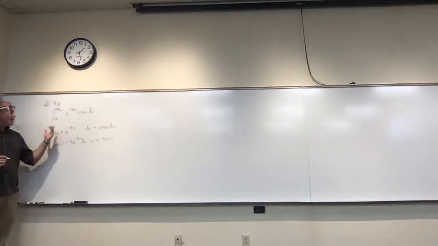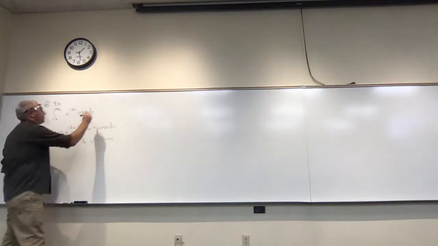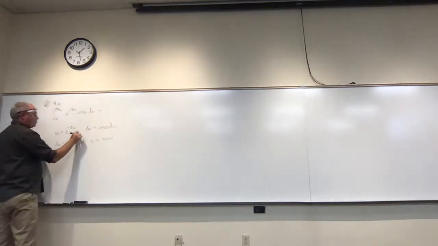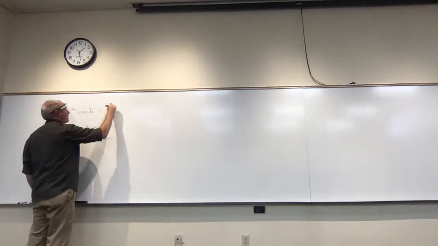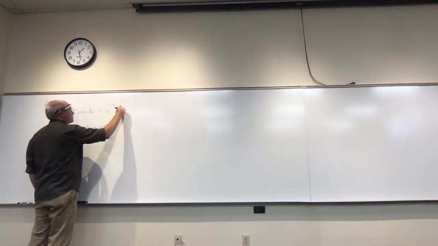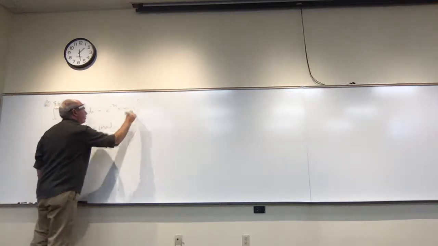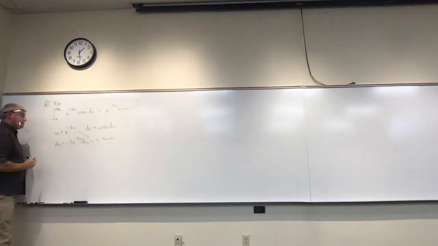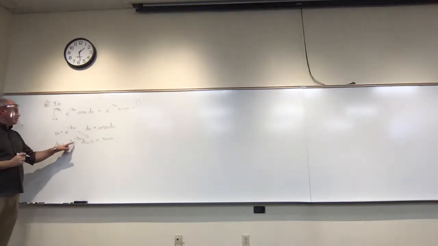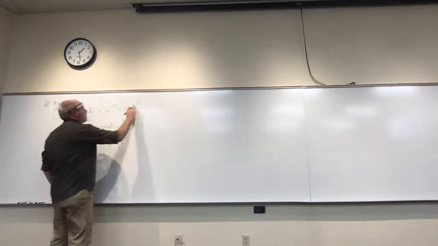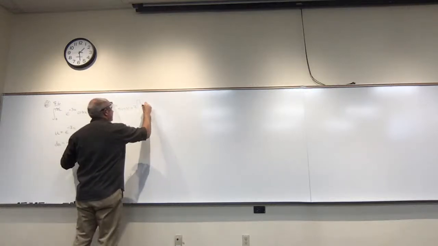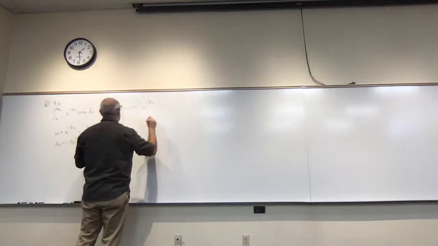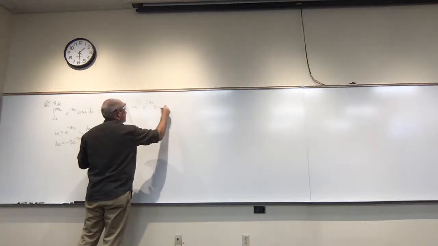Now I substitute using integration by parts, and I get u times v, which is e to the negative 3x times sine x, minus the integral of v times du, which is negative 3e to the negative 3x. I can pull the negative 3 outside the integral and make this a positive 3. Then I get e to the minus 3x sine x dx.